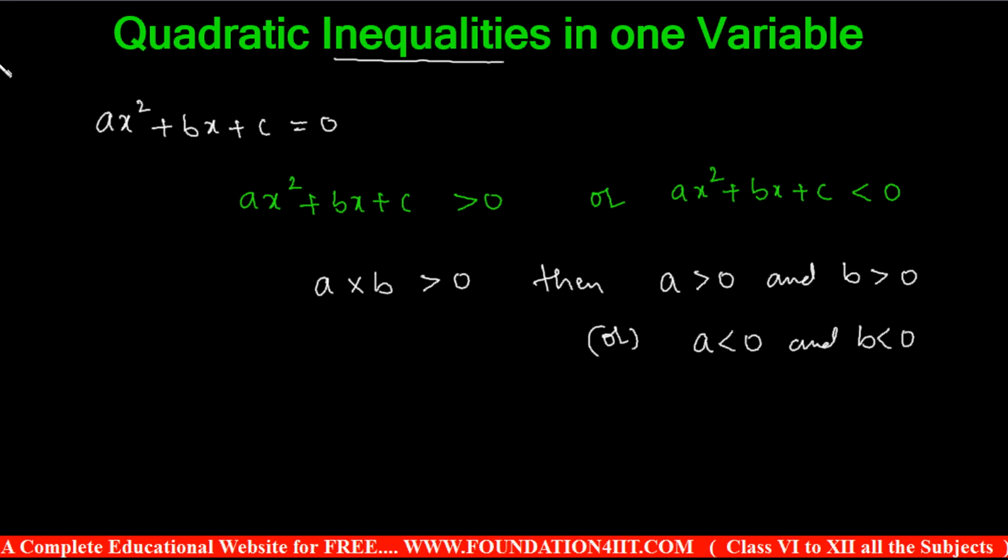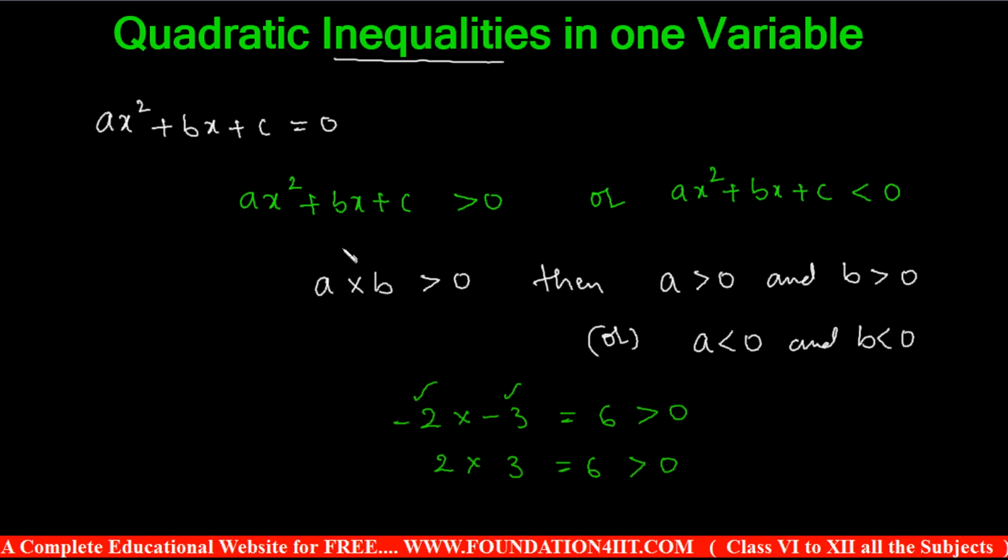Let us see an example. To make it positive, we know that minus 2 into minus 3 is nothing but plus 6. So if both are negative also, it's positive because minus into minus is plus. So 6 is greater than 0. Even 2 into 3 is also 6, which is greater than 0. Right? If both are negative or both are positive, then it is greater than 0.